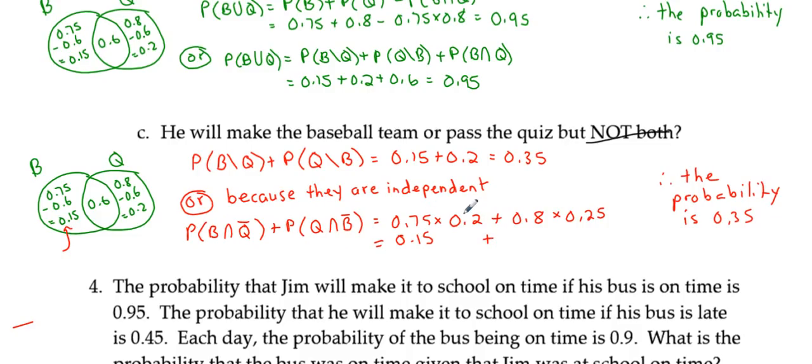And I should say, or having a quiz and not making the basketball team, 0.8 times 0.25 would give you 0.2. That's where that comes from. So you're still getting the same answer. It's just a different way of answering the question. But this method can only be done if the events are independent. If they are not independent, you have to use the first method.